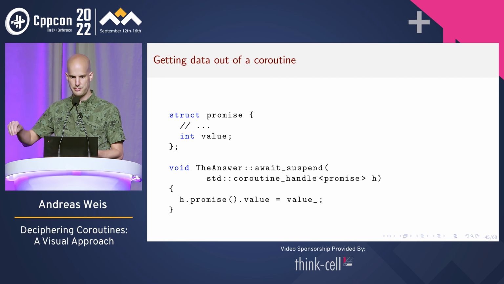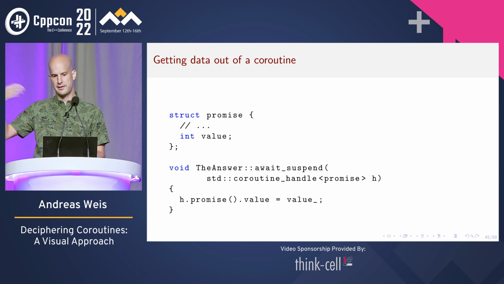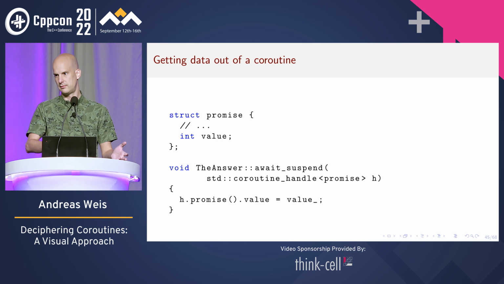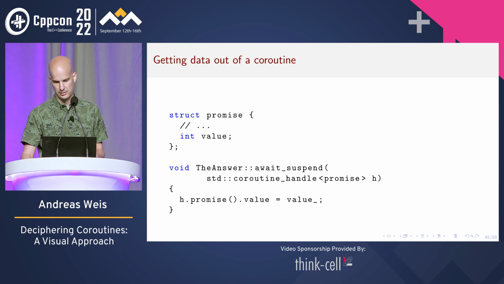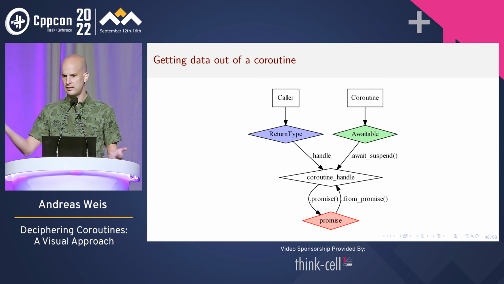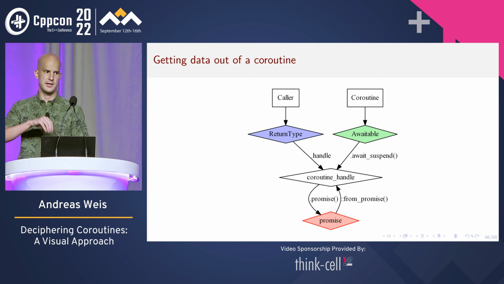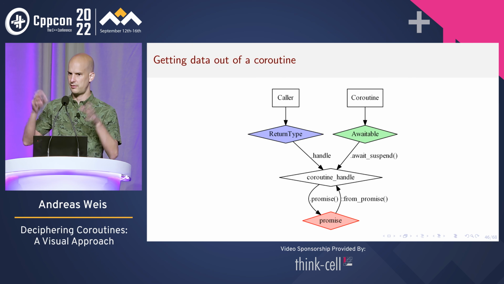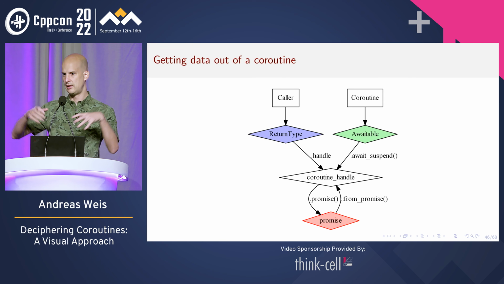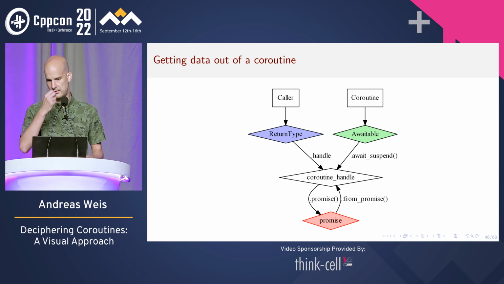From the handle, I can get to the promise, and then I just access the member variable in the promise and store the data there, right? This is just like writing to a member variable, nothing special about this. And now the data lives in the promise, and that's the place where we want it to be, because as I said before, the promise is the central intersection point. That's where both sides meet.